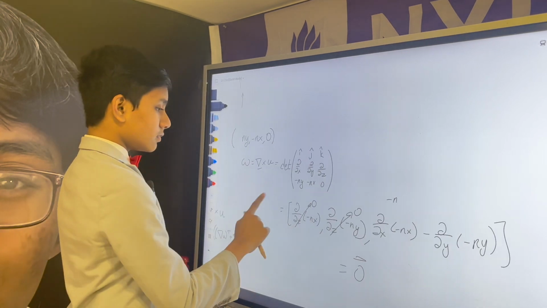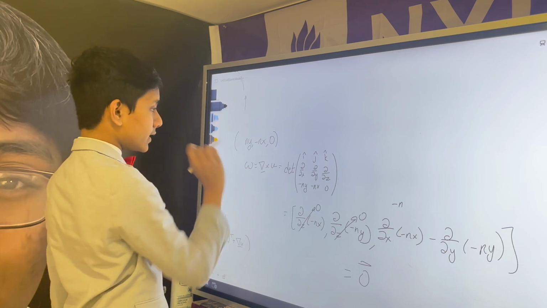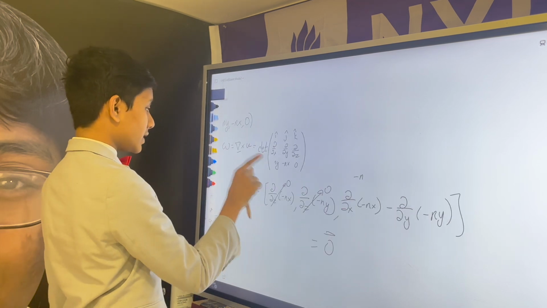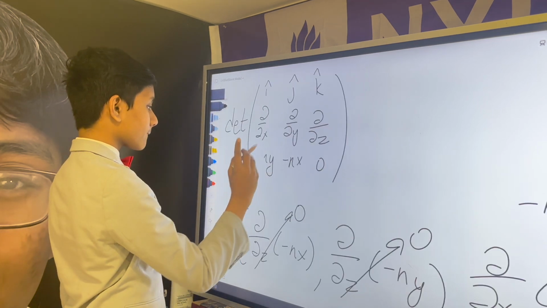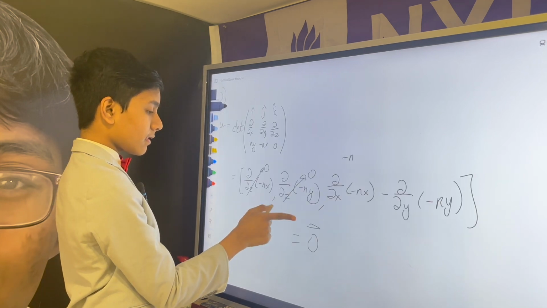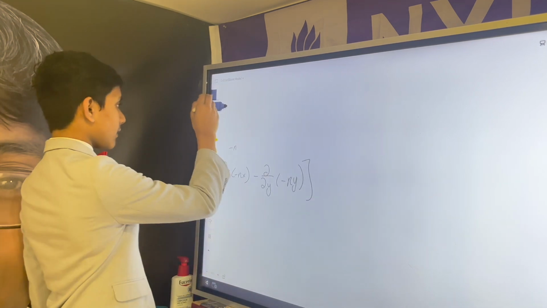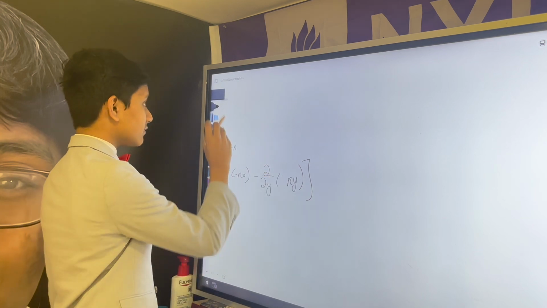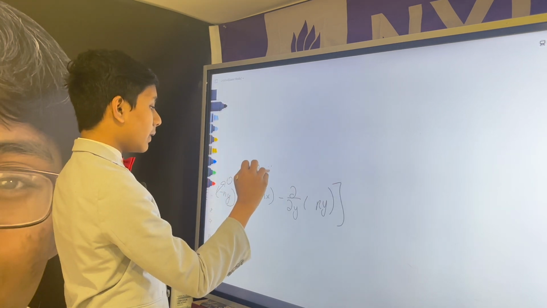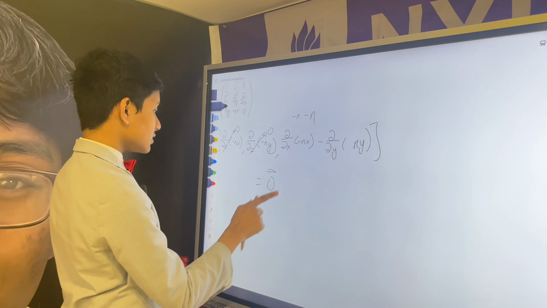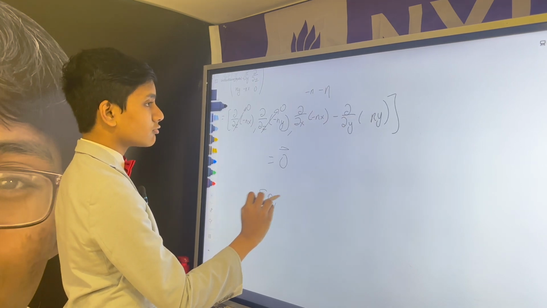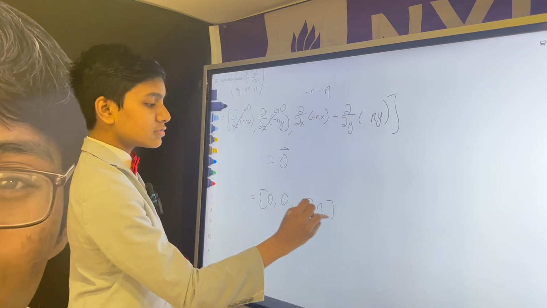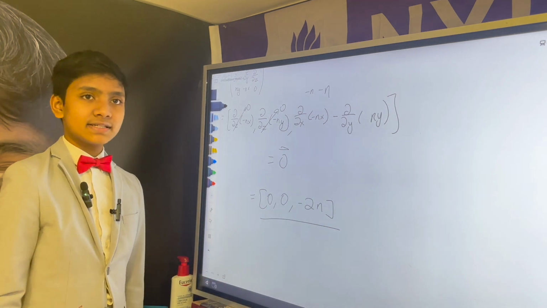So once we flip one of the coordinates, what do we get? This just gives us minus n, minus n, which gives us (0, 0, -2n), which means there is some vorticity.